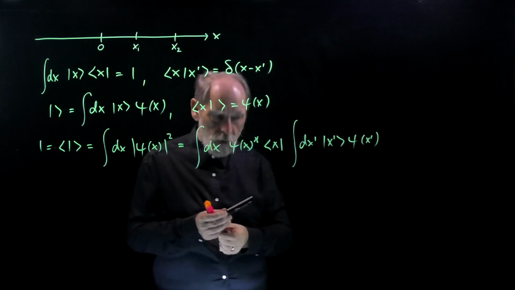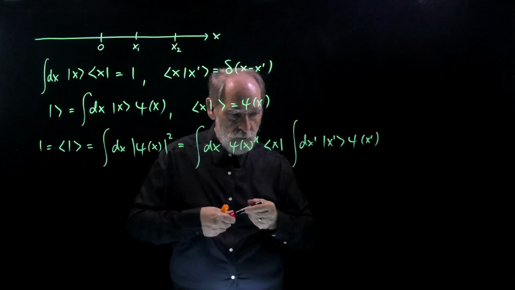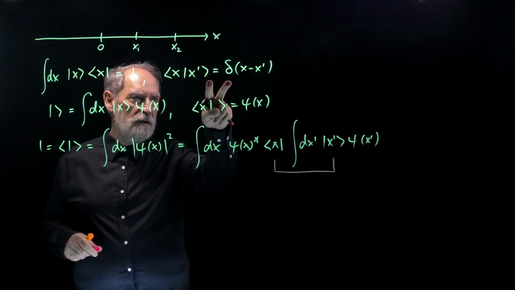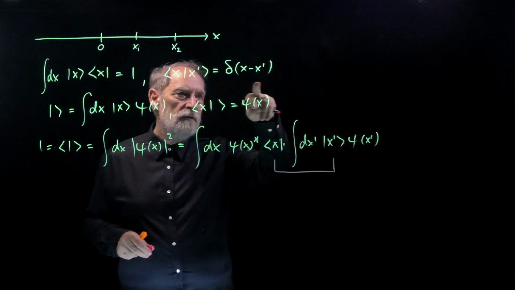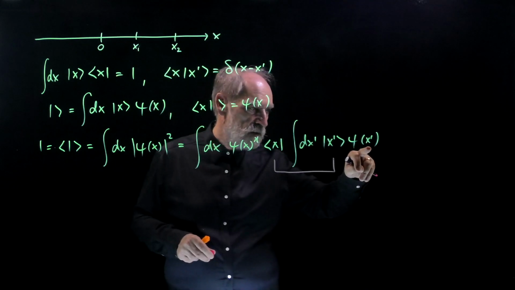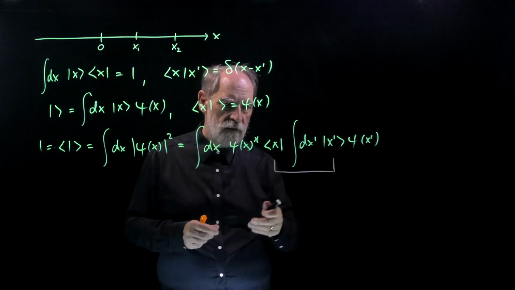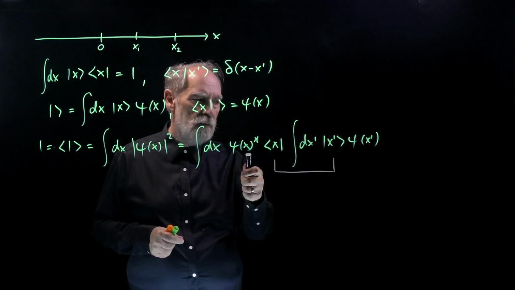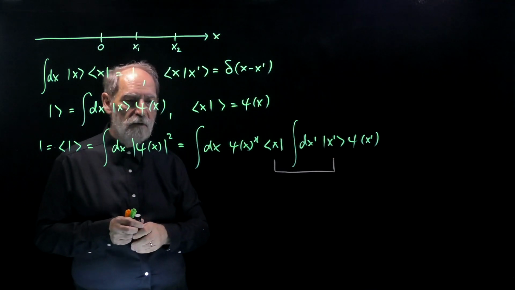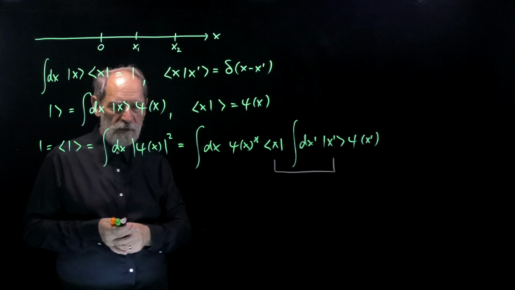And so we now remember that when this bra meets this ket, we have the Dirac delta function. Then integrating over x prime turns this x prime into an x, and so we get the psi of x complex conjugate times the psi of x, and that gives us the absolute square of psi of x.